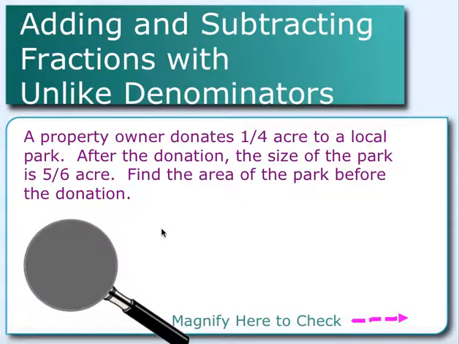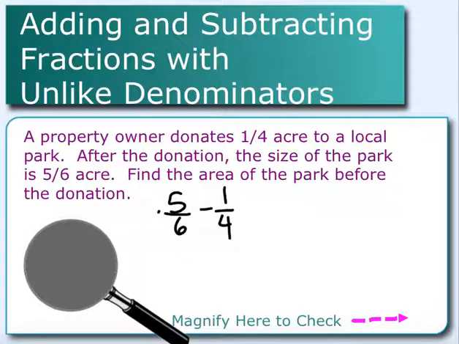A property owner donates 1/4 of an acre to a local park. After the donation, the size of the park is now 5/6 of an acre. Find the area of the park before the donation. So I want to know if we took away that donated 1/4, what would we have? Because that was the size of the park before. So I'm going to take 5/6 and subtract 1/4.